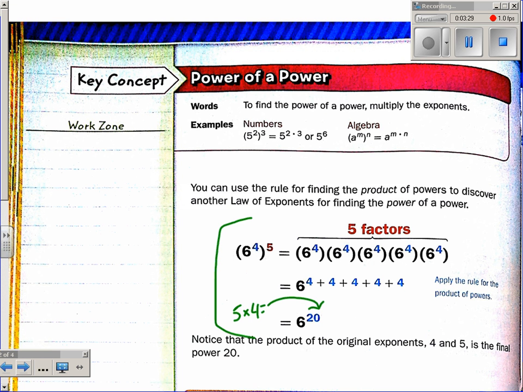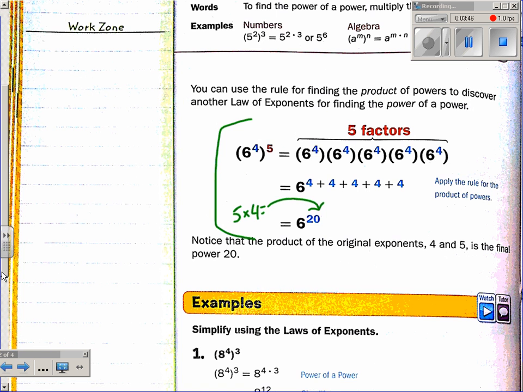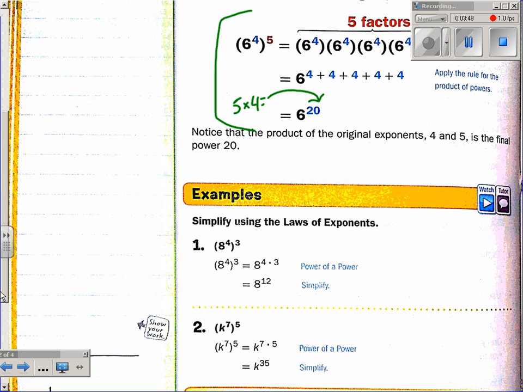Because we know this is true, now we can just do the shortcut. We don't have to write out all of these 6 to the 4th exponents. If that 5 is on there as an exponent on a power, I just multiply them. Look at example 1 here. All we did was multiply 8 to the 4th with an exponent of 3. Just multiplied 4 and 3, and that got us 12.